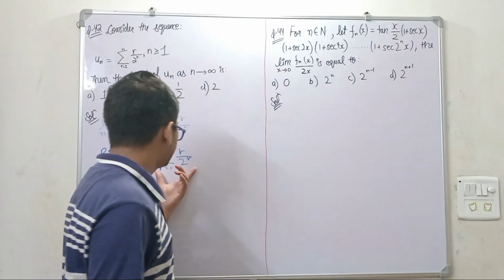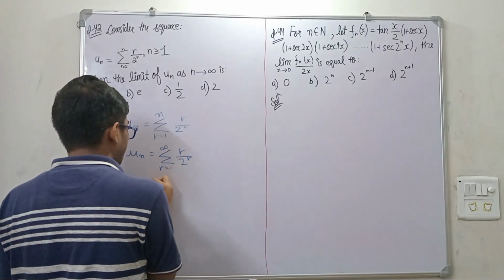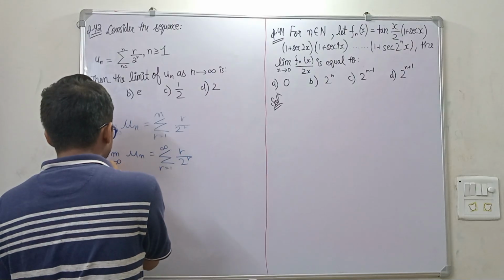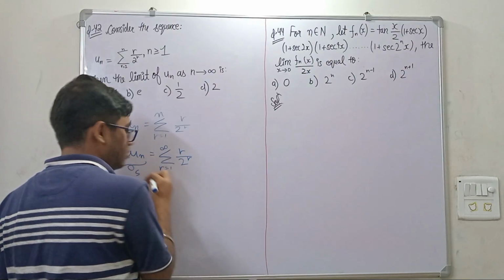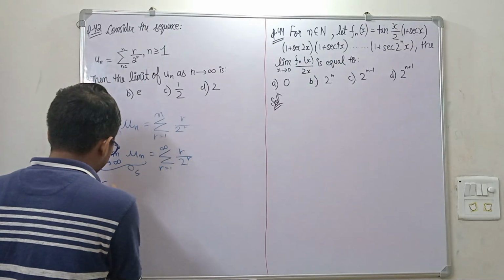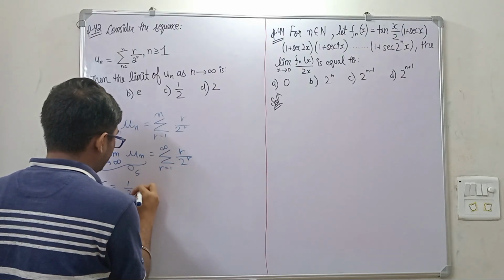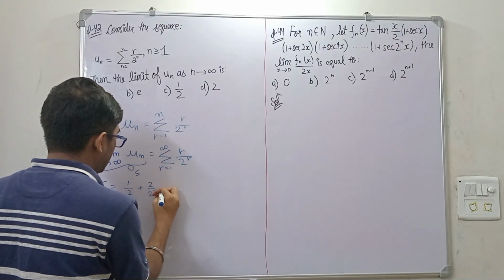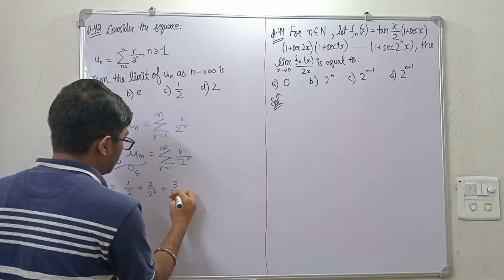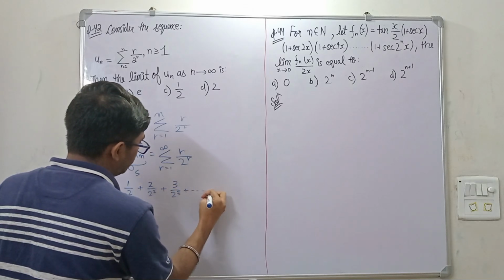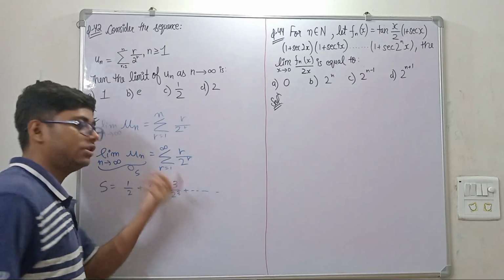Now just open this series. Let us assume this series as S. So this series S is what? Put r equals 1: 1 upon 2, plus 2 upon 2 squared, plus 3 upon 2 to the power 3, and so on till infinity. So you have to solve this series.